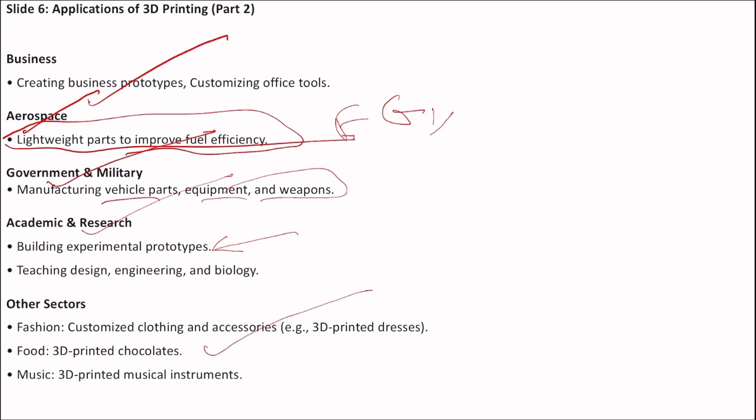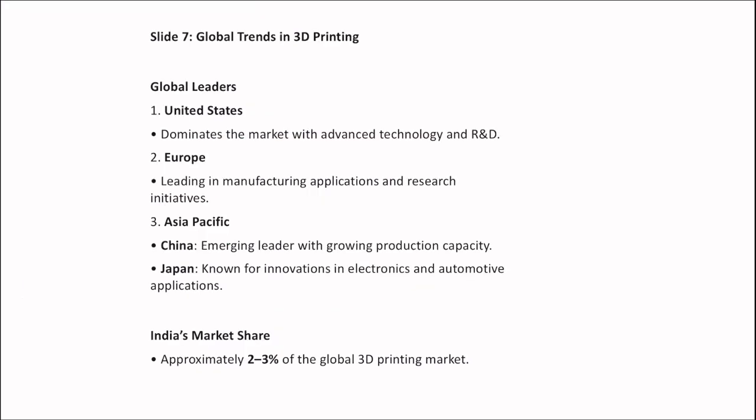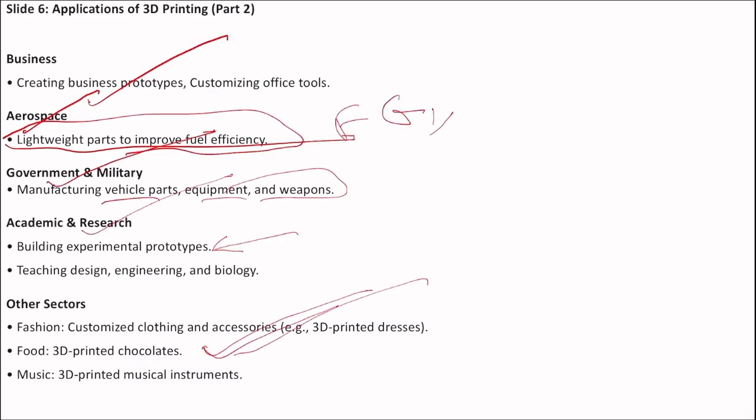There's a saying that when a woman goes shopping, she will see all of it and say, I need this saree in that color, in that design. I think this problem can be solved a little bit with 3D printed dresses also. And 3D printed chocolates can be there. 3D printed musical instruments can also be there. And these are the major applications.